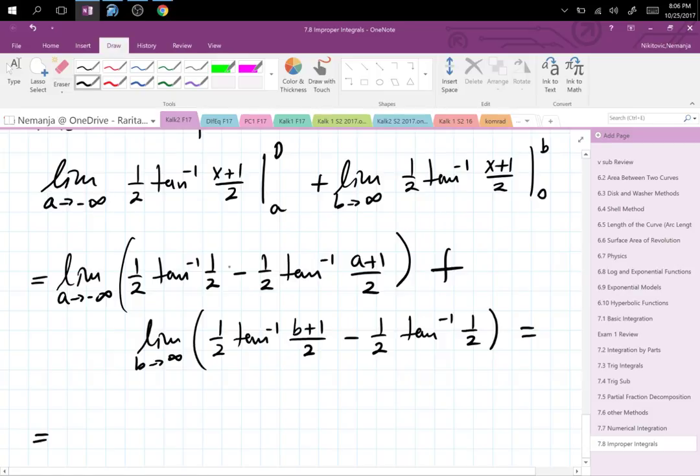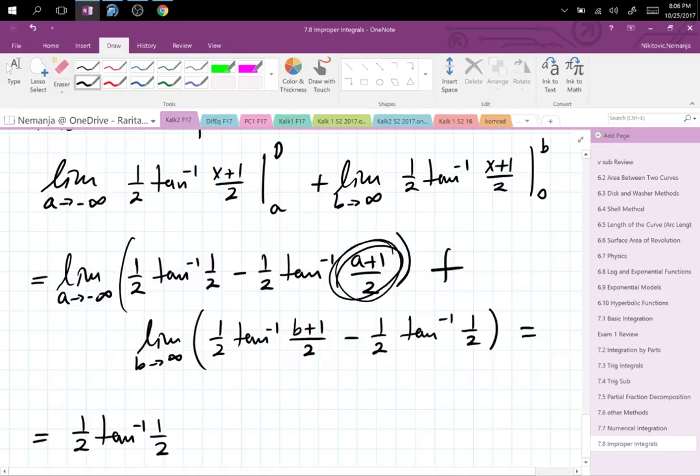I cannot apply the limit to the first term because there are no a's in it. Therefore, that term is copied in front as is. I apply the inverse to the second one. Now I have negative infinity.